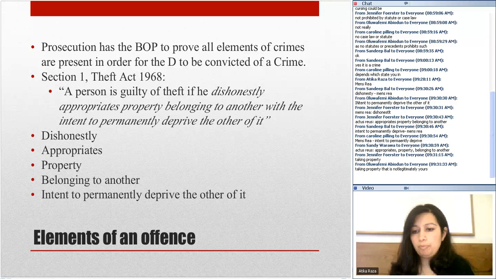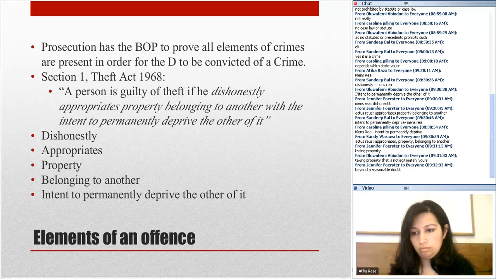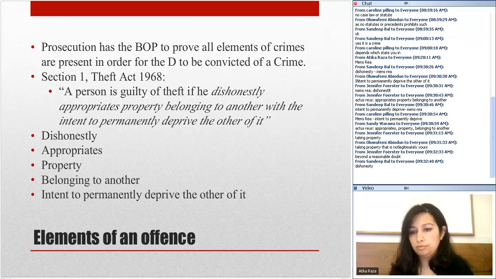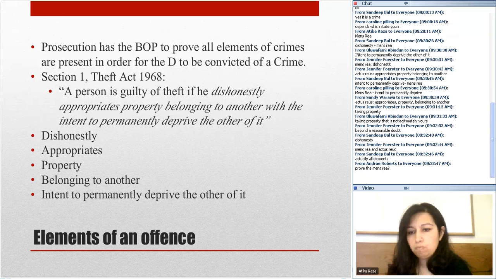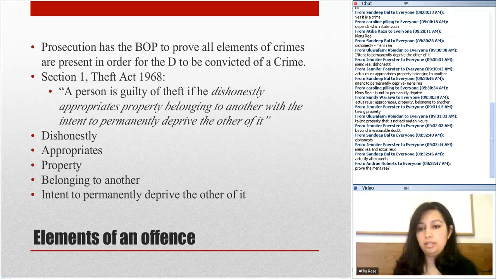What do you think is the burden of proof here? If I ask you, what does the prosecution need to prove here? Yes, beyond a reasonable doubt, but what do they have to prove? Yes, exactly.